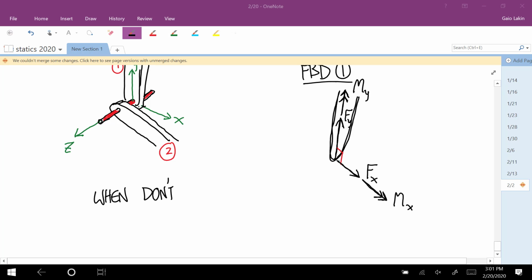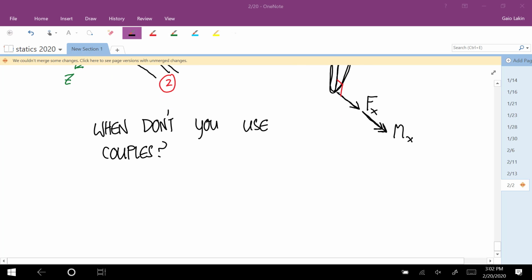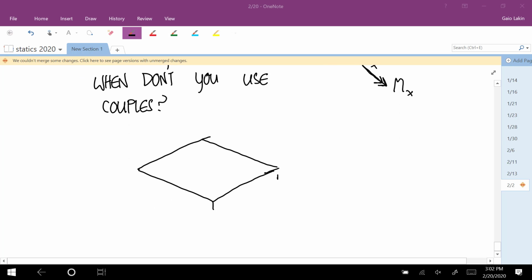So when don't you use the two couples? So in a case like this, where you have two of these pin joints, you can think of these as hinges that share the same axis.